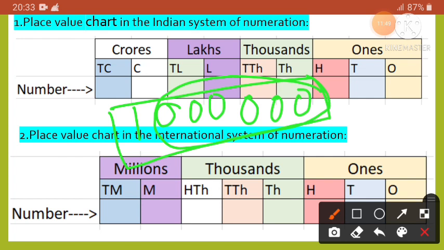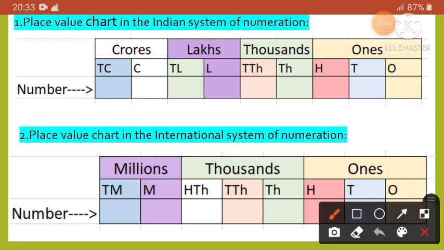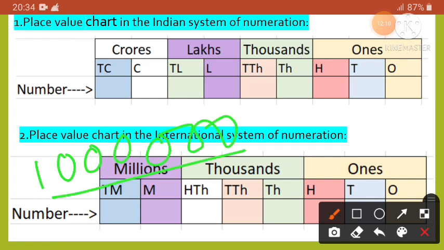If we want to place this 7-digit number in the Indian place value chart, we write 1 0 0 0 0 0 0. So it will be 6 zeros, which are already completed.